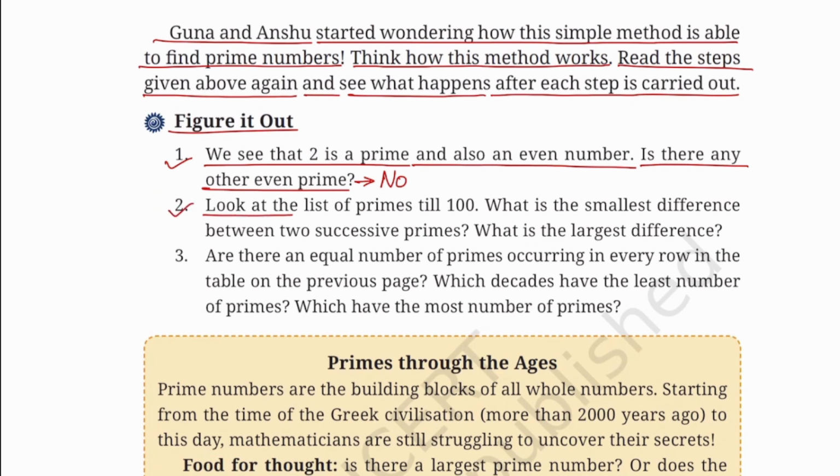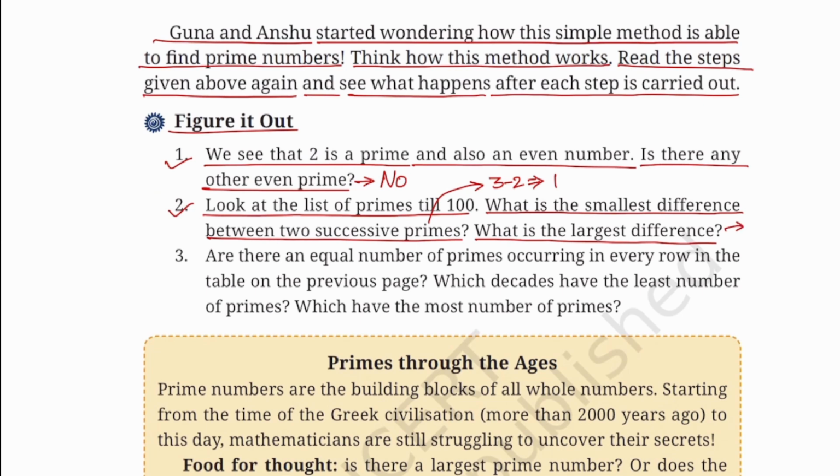2. Look at the list of primes till 100. What is the smallest difference between two successive primes? What is the largest difference? The smallest difference is 1, that is between 3 and 2.